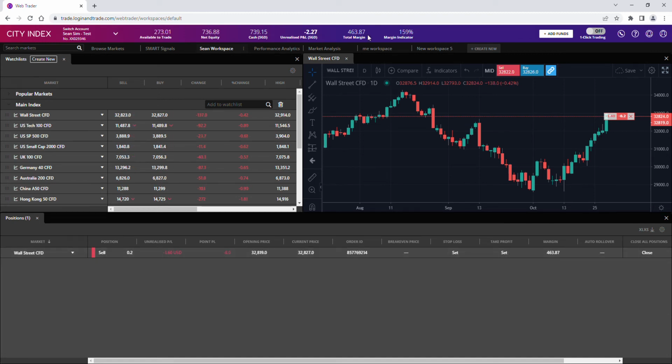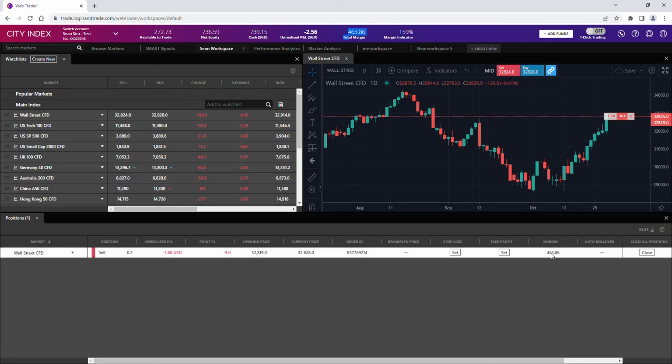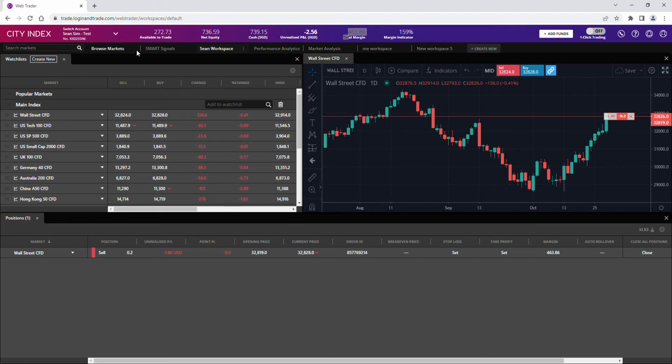Therefore, the total margin will be 463. Meaning, if I buy another counter which requires the same margin of 463, the total margin will add up to $926 instead. Both will add together. However, does my account have sufficient money to buy the next trade of 0.2 unit short? We should see available to trade instead.